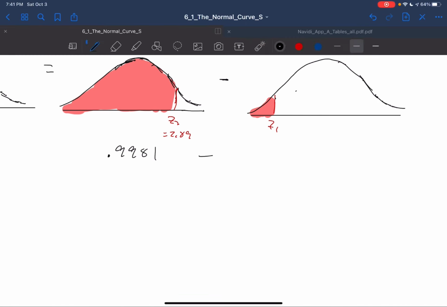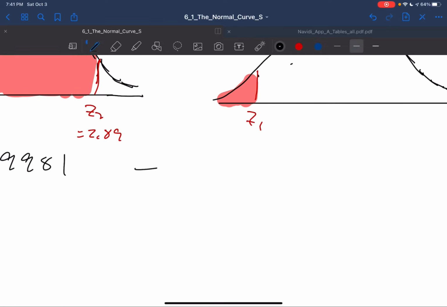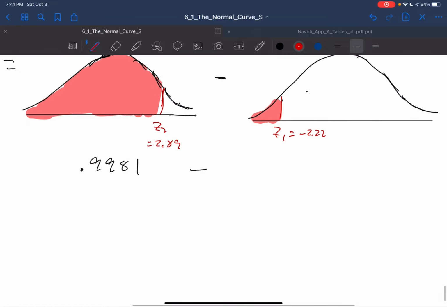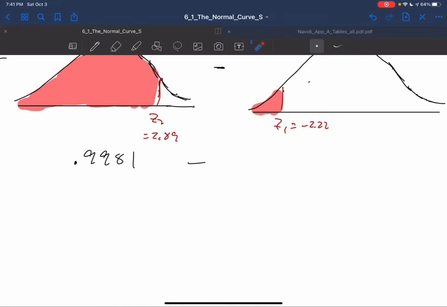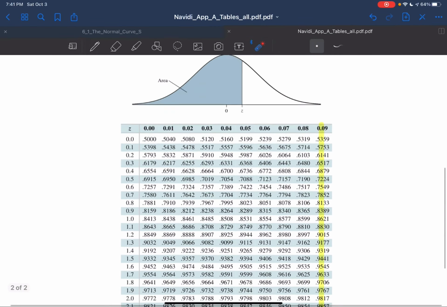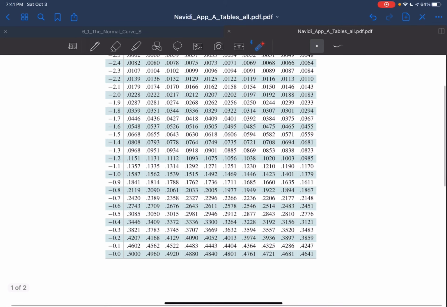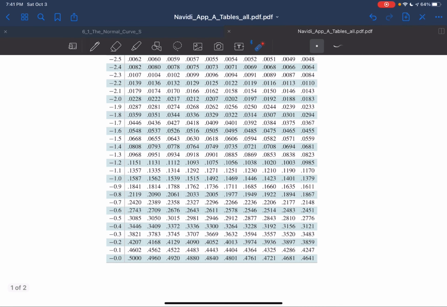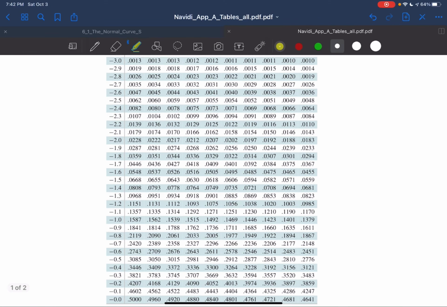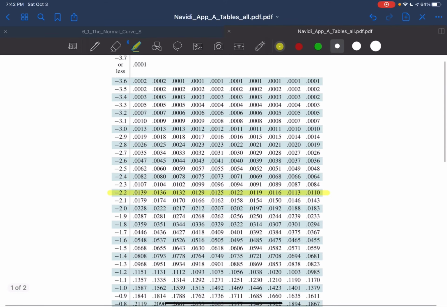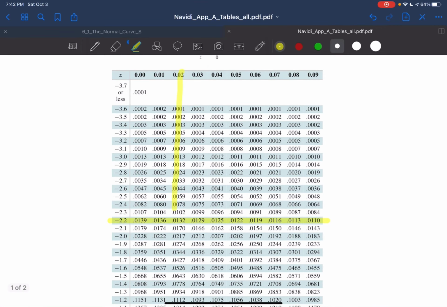Remember, z1 is negative 2.22. We can find the area to the left of z1 using the table. I will go to the negative side here. We look at negative 2.2, which is right here, and we want to look at 0.02, which is right here.